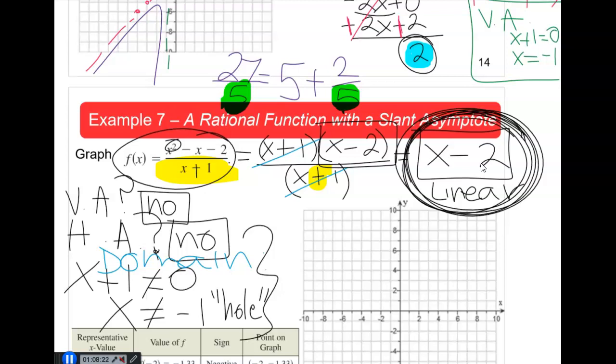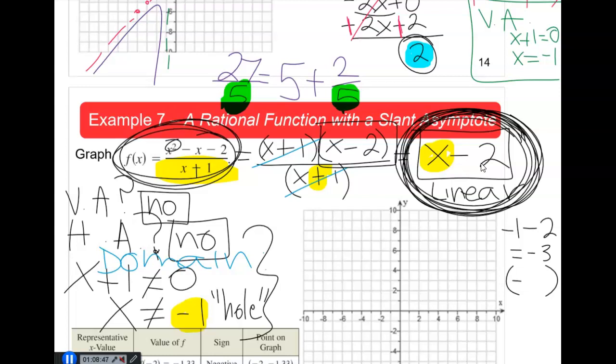So if I find -1 minus 2, if I substitute the x with this value of the exclusion from the domain, I will get -3. So that means that if it was just a simple linear function, not a rational function, the point, if it did exist, would be at -1 comma -3, but it's going to be an open circle.